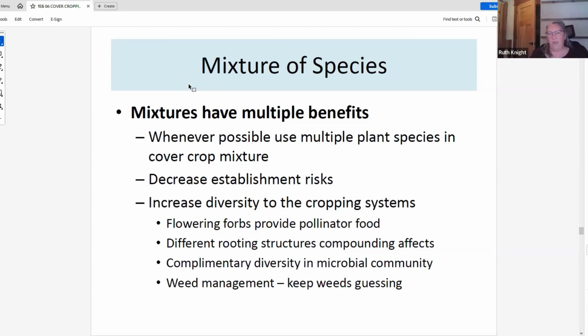Most everyone's farm has different characteristics, different soil types, and if you use multiple plant species, there are perhaps some places on your farm where some species will be more suitable than in other areas, and instead of doing a monocrop where it does well in one area and is a complete failure in others, you're decreasing your establishment risk by having a mixture.